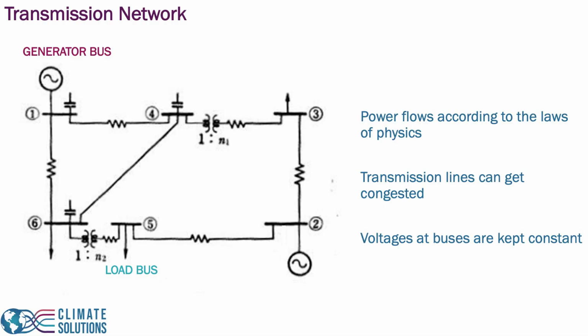Let's understand a little bit more about the transmission network and the physics of how power flows in the power grid. The transmission network is formed by a collection of nodes connected by transmission lines, as shown here in the figure. You can see there are transmission lines between node 1 and 4, 4 and 3, 3 and 2, 2 and 5, 5 and 6.